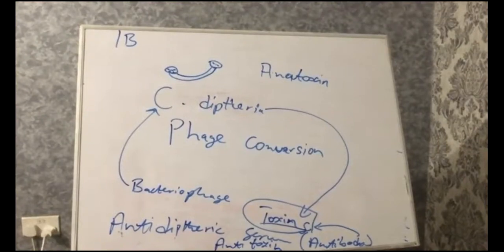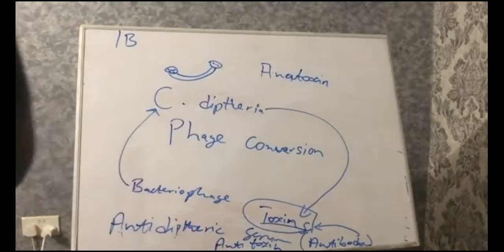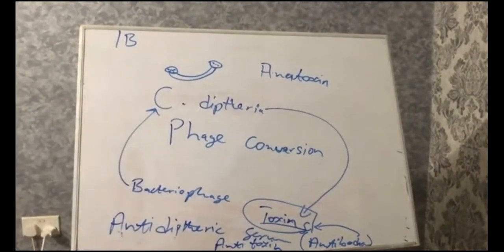Okay. So what I'm saying is that diphtheria is the disease. The bacteria that causes diphtheria is called Corynebacterium diphtheria, okay? Disease name is called diphtheria, okay?